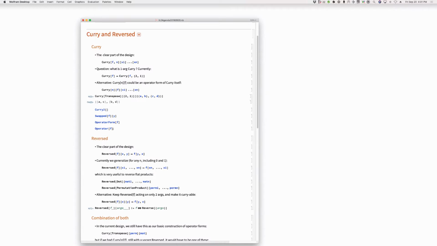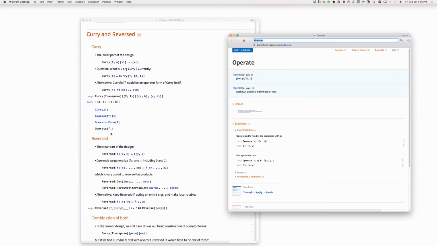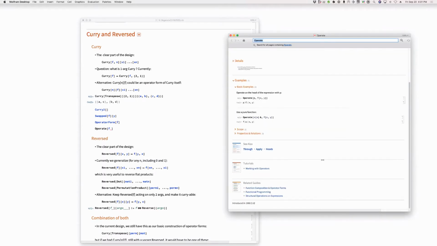Is there anything with operate? I think that's very general. Operate. What the heck is operate? It's map at head. Oh gosh, this is one of these version 1 functions that has never really panned out.